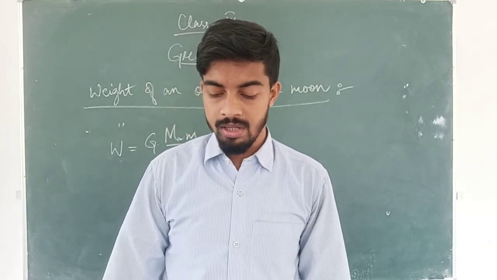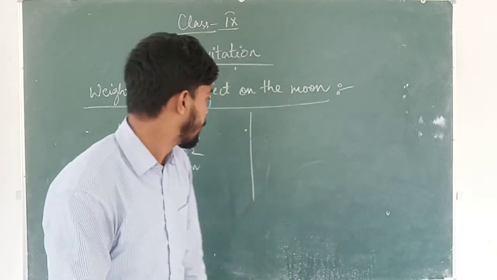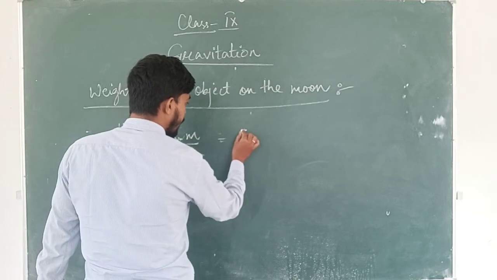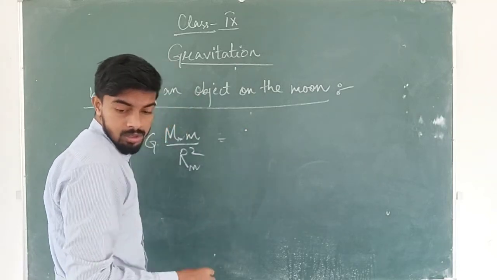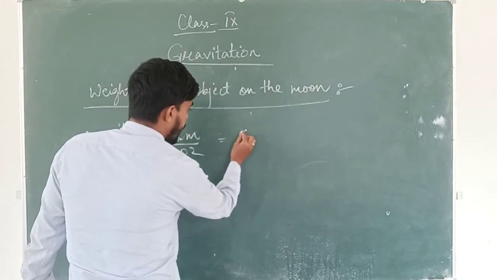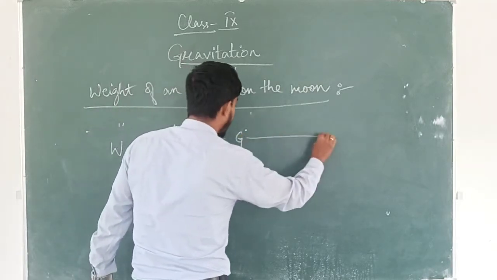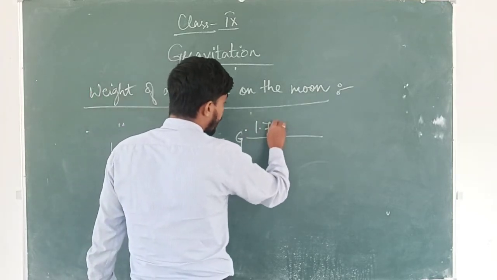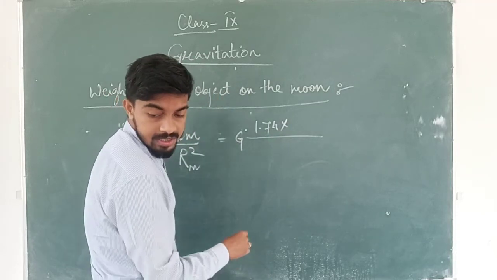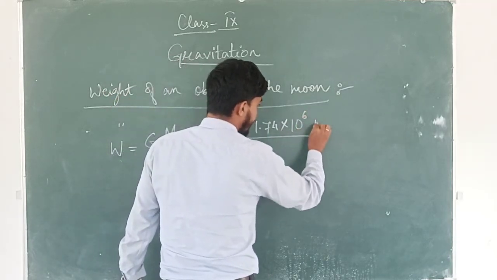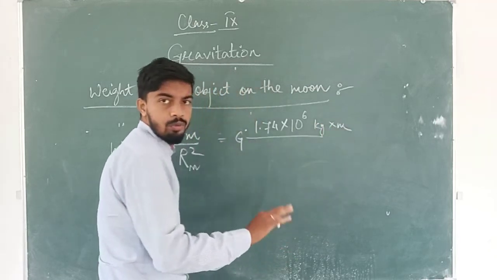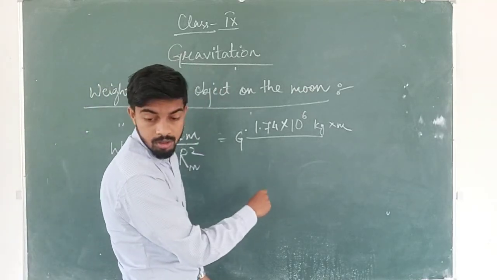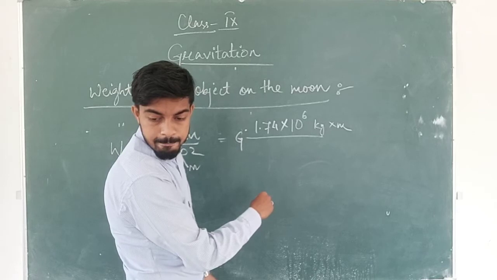Using these values, it is solved for the weight on the moon and the weight on the earth. If we are solving as per the book, the mass of the moon is 7.36 into 10 to the power 22 kg, into the mass of the object, which we don't need now since we will take the ratio, divided by the radius of the moon squared, that is 1.74 into 10 to the power 6.